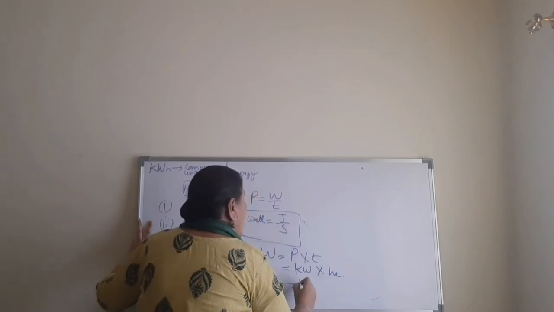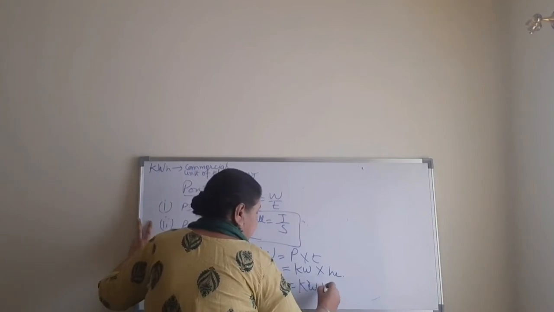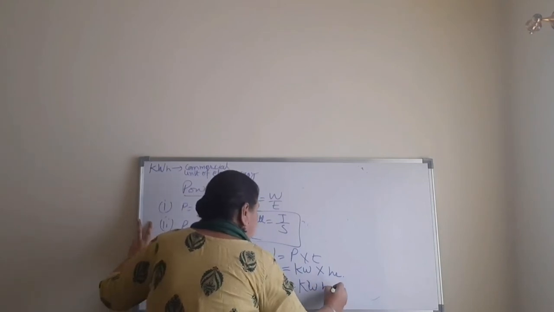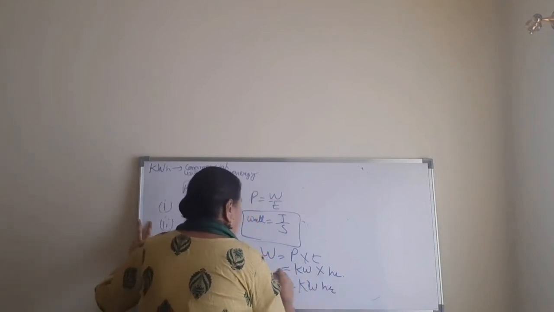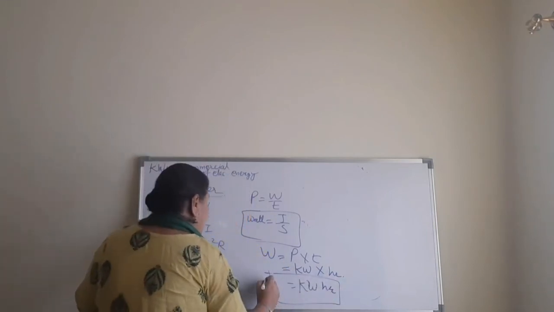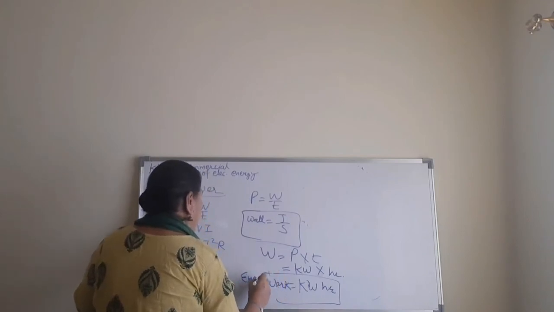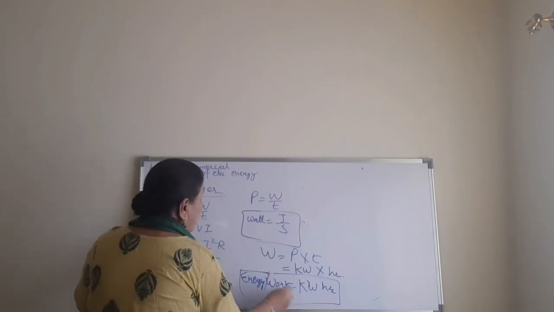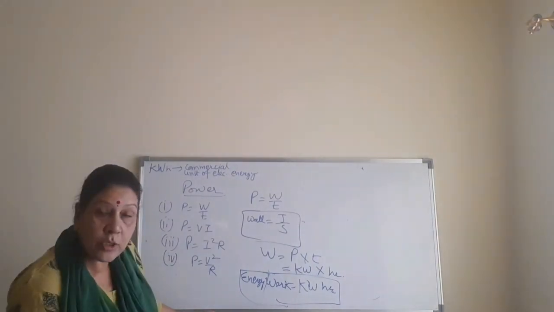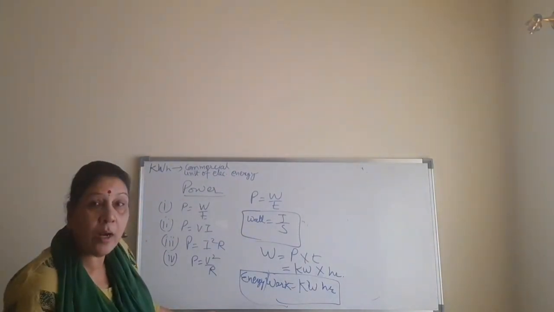So that's why kilowatt hour, kWh also is said. Kilowatt hour is the unit of energy. This is work or energy, and this is kilowatt hour. So remember, kilowatt is the unit of power, but kilowatt hour is the unit of energy or work.